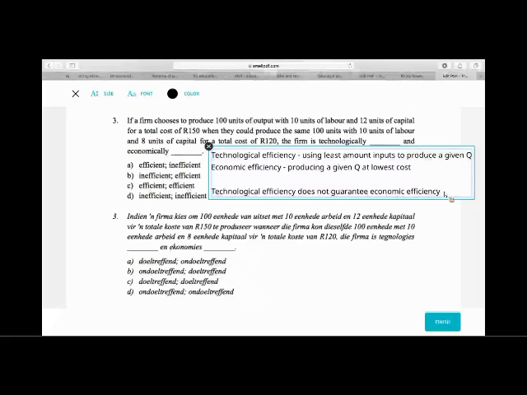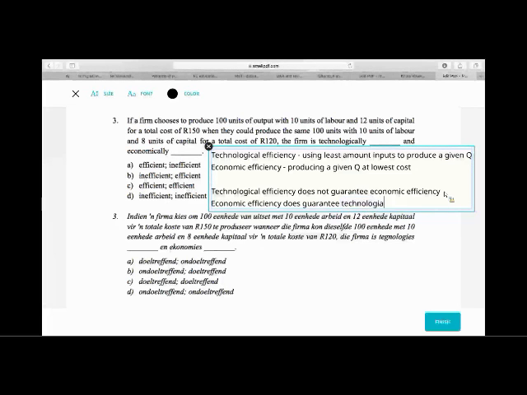So a method that uses a lot of capital and a little amount of labor could be technologically efficient relative to a method that uses a lot of labor and a little capital. However, depending on the relative cost of labor and capital, one of those will end up being economically inefficient. So technological efficiency does not guarantee economic efficiency, but if a firm is economically efficient, they will be technologically efficient.